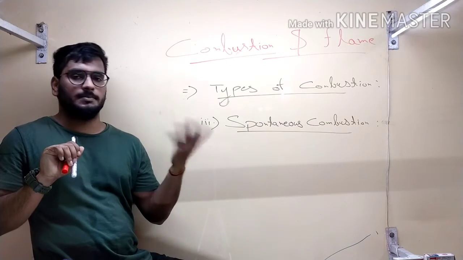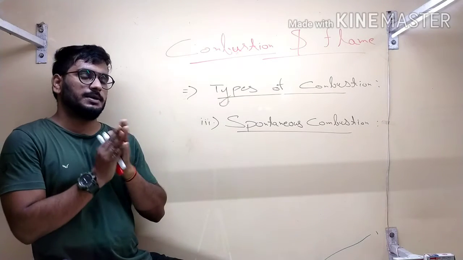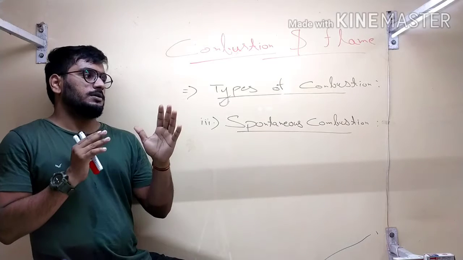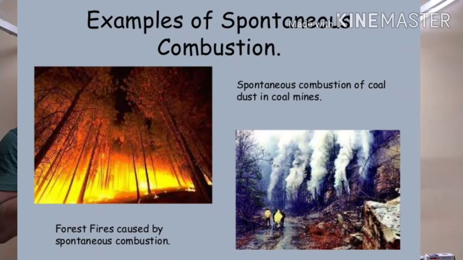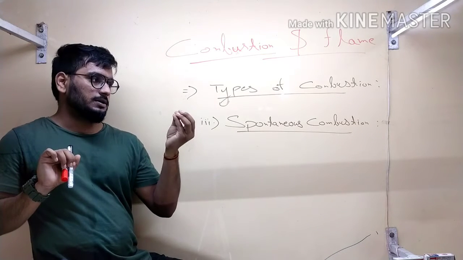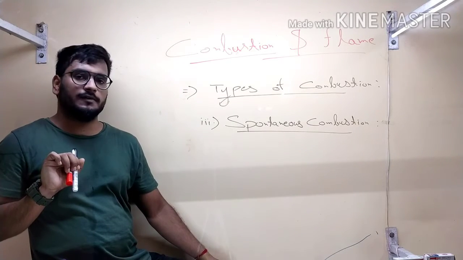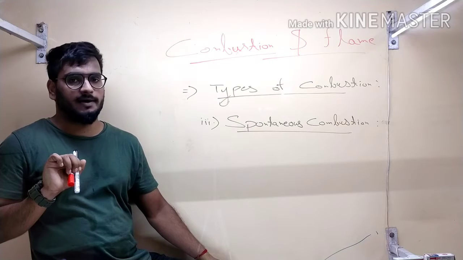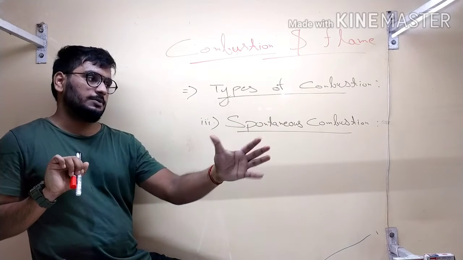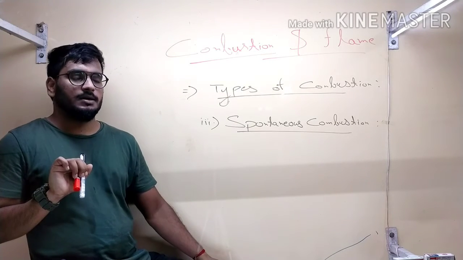It burns on its own, by rubbing, and it gets a high temperature automatically, like the forest fire you have heard about. That is an example of spontaneous combustion.